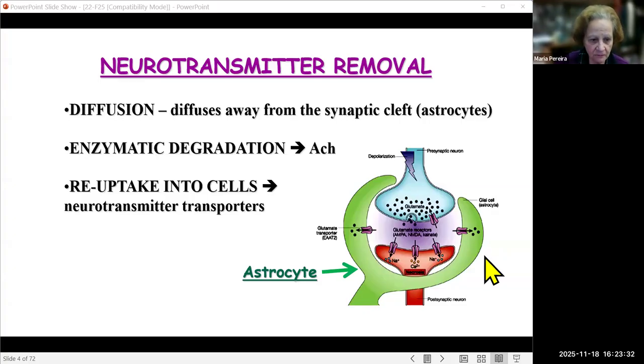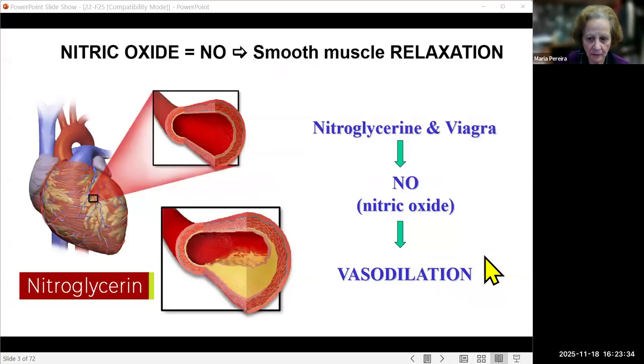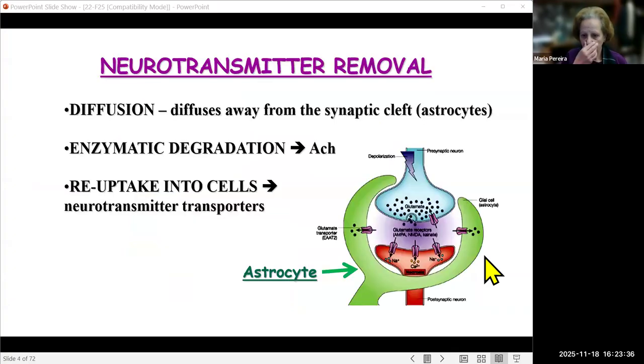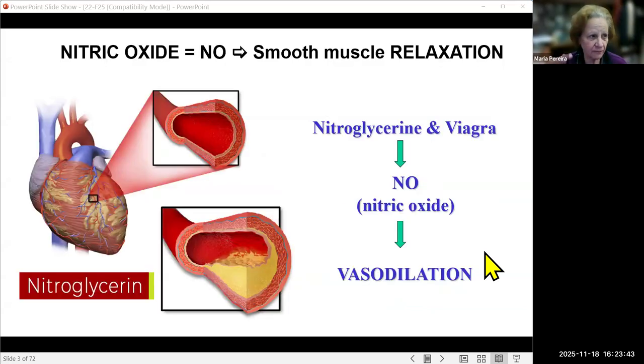Okay, so yes, so why? Actually, there's a train of thought. Some laboratories have the idea that giving Viagra to Alzheimer's patients will be beneficial. Why? The same principle, vasodilation, more oxygen. So maybe that will improve brain function because remember, the brain is very active.